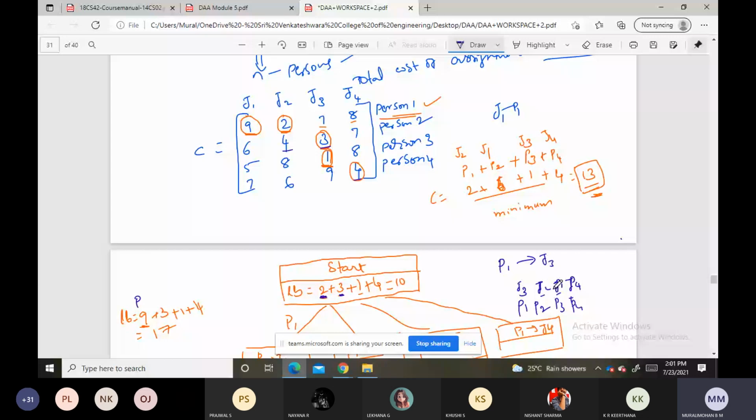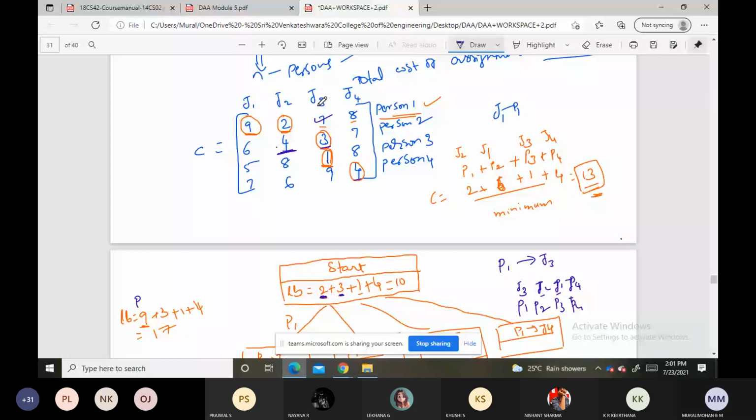So for person 1, if I allocate job 3, then person 2 should be allocated with this, but job 3 is already allocated. Next minimum is 4, so I will allocate this for person 2. Next, person 3: minimum is 1 but it is already allocated. Next is 5, so job 1 is not allocated, so I will allocate this for person 3.